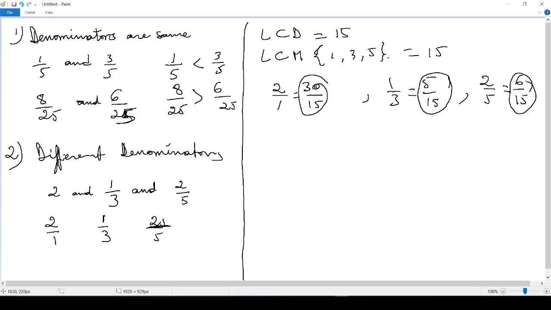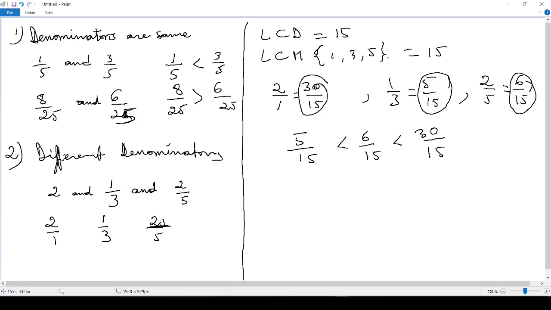So we write it. How do we compare? Let's say the question is to rewrite them from the smallest to the greatest. Which one is the smallest? That's 5 over 15, which is smaller than 6 over 15, which is smaller than 30 over 15.